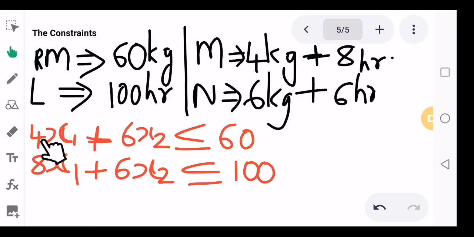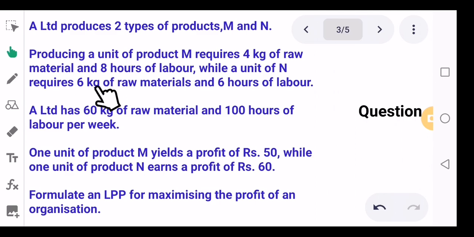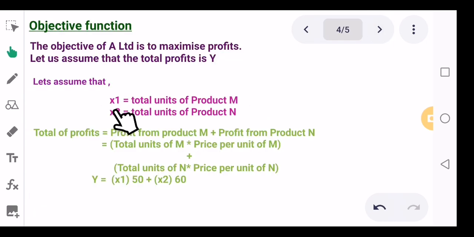That's why it is 4x1 plus, similarly for product N, they have clearly mentioned that 6 kg of raw material per unit is required, and the number of units is x2.